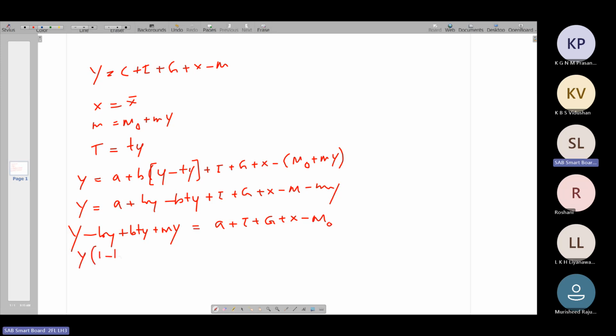Here y is common: y(1 minus b plus bt plus m) equals autonomous expenditure. So this is the equilibrium equation.